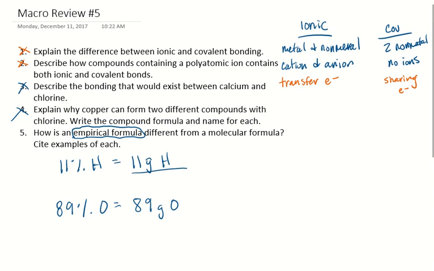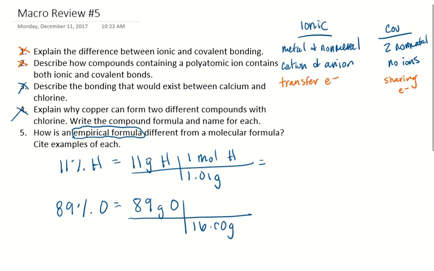First step, convert both to what? Moles. So, divide by the molar mass. 1.01 grams per mole for hydrogen, and 16.00 grams per 1 mole for oxygen. What's 11 divided by 1.01?